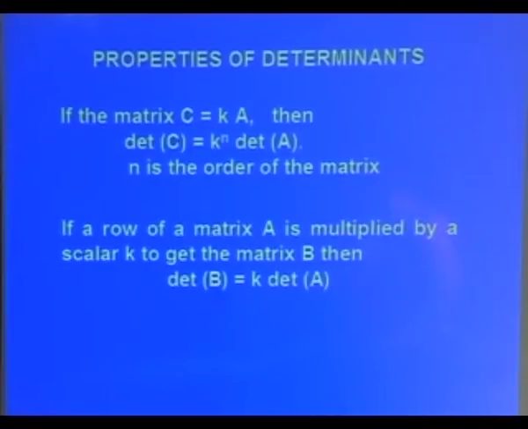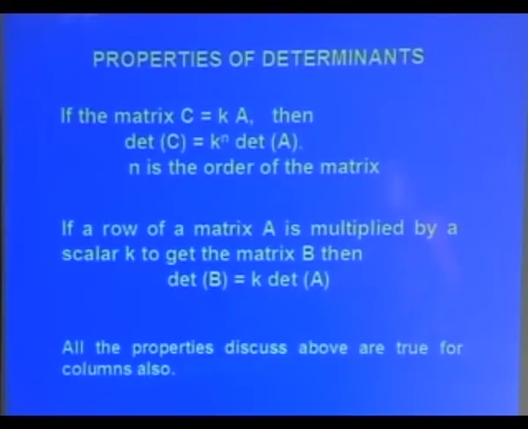The idea is from each row one can take K outside, and that way there will be n such K's taken out, and the final result is determinant C is equal to K^n determinant A. Now if a row of a matrix A is multiplied by a scalar K to get the matrix B, then determinant B is equal to K determinant A. This is what we have proved in my earlier result, and if you apply it for each and every row, then we will have this.